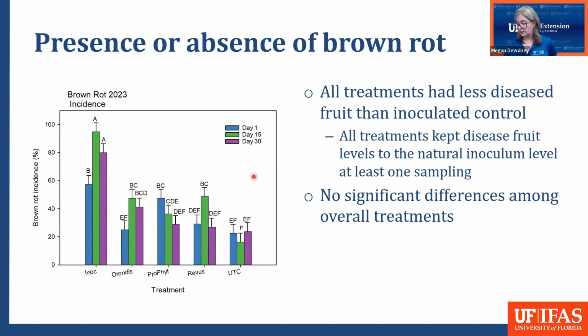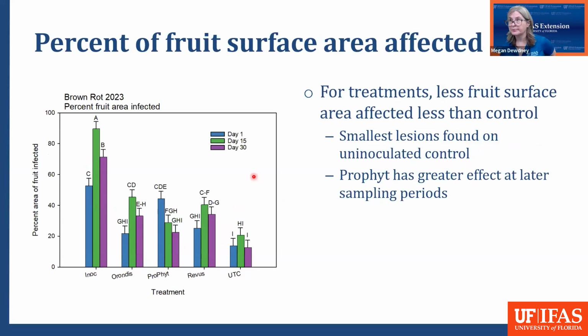Was the fruit infected, yes or no? And that was after we put a big glob of the fungus, or not the fungus, the oomycete, the pathogen, on top. And then when we looked at the percent surface area infected, again, here is our uninoculated control. We see a little bit, 20% and under approximately, and here is our inoculated control.